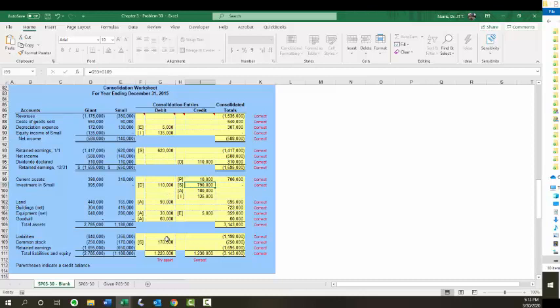It's overstating current receivables and current liabilities. And 10,000. And that is that. So everything is correct, and that is the right answer. The investment is 0, the balance sheet balances, and all is right with the world.